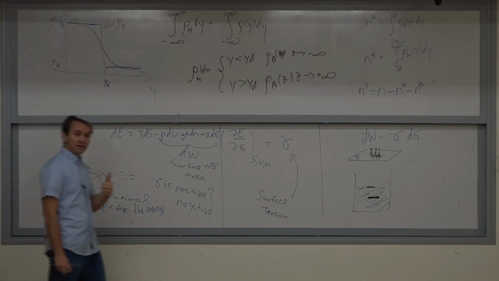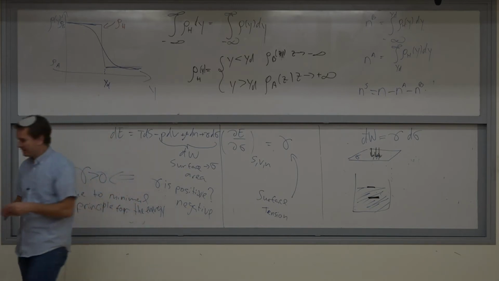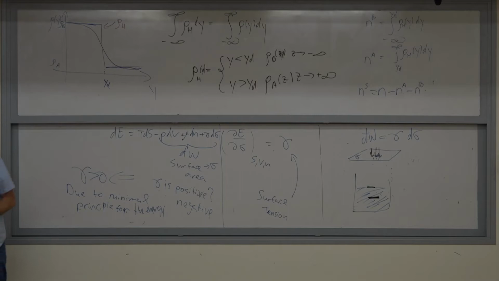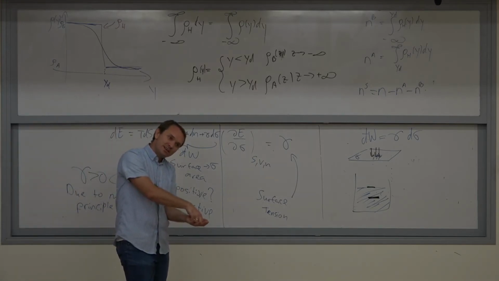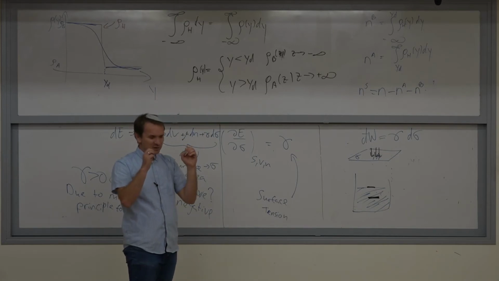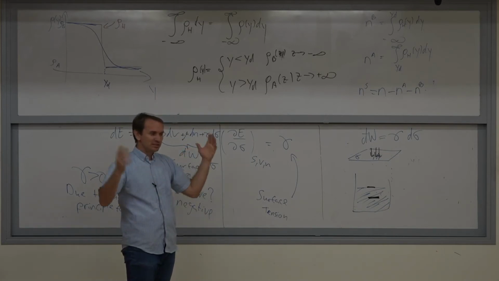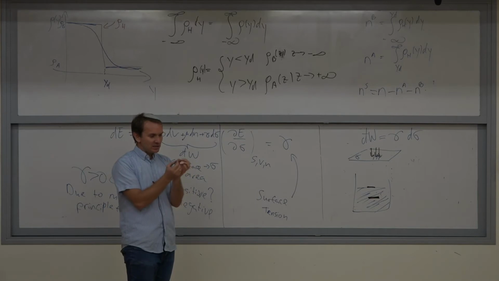But if the needle touches the surface, that will create a new surface. So now it tries to break the surface. Think of the needle, it's a very small object, right? If I would try to place something big, it won't happen. So it touches only very small portions of the surface.